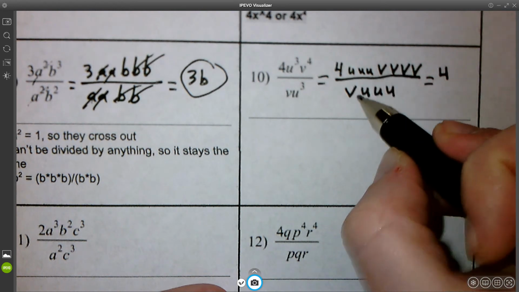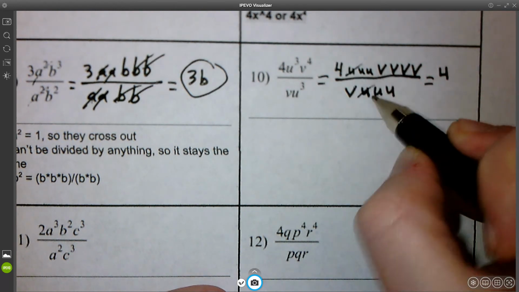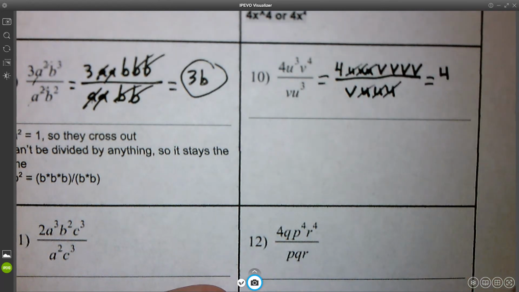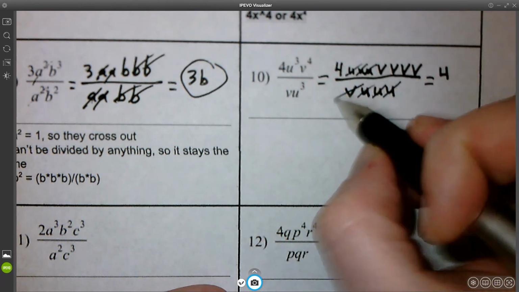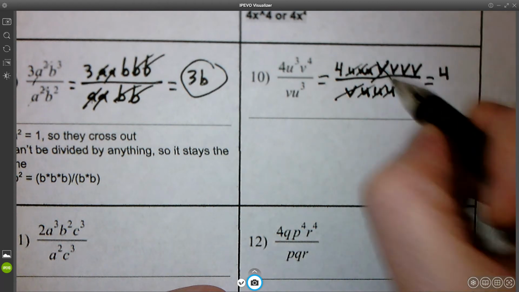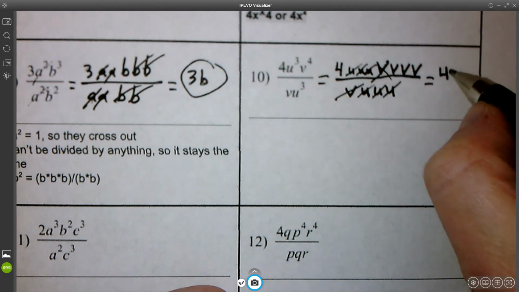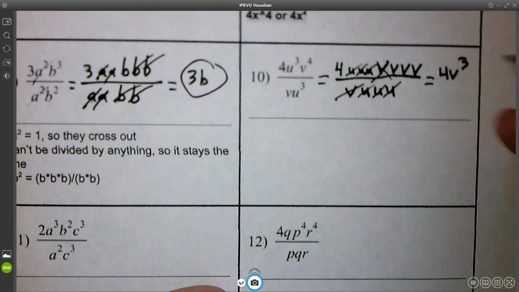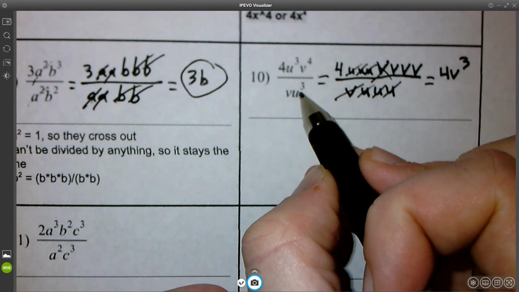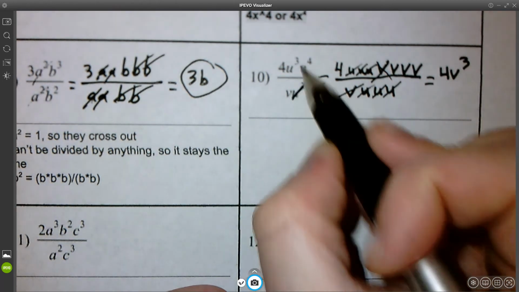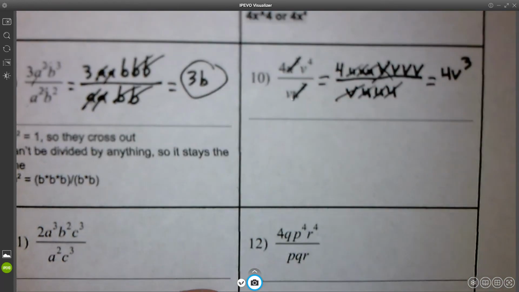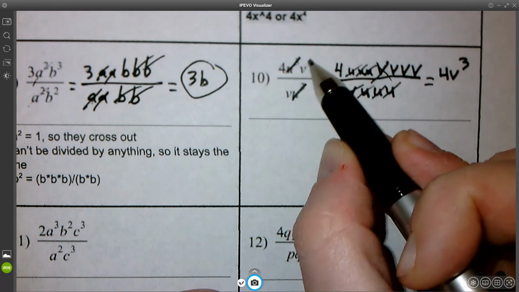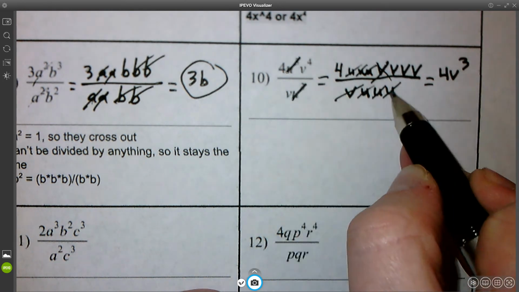We have 3 sets of u's, so those are going to go away. You have a v on the bottom, which means a v on the top goes away. So we've got v, and there's 1, 2, 3 left over. If we look at the original here, we know that that's going away. And again, 4 v's on top, 1 v on bottom, so now you're left with 3.